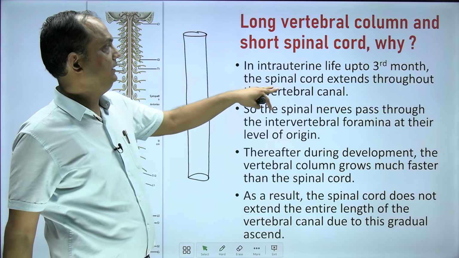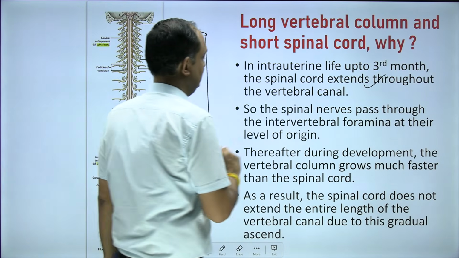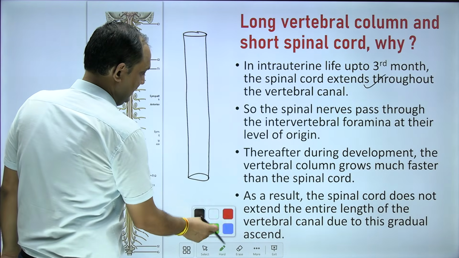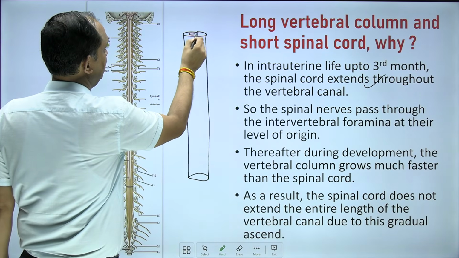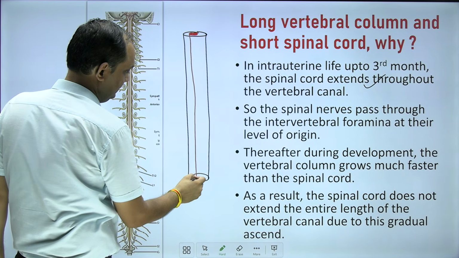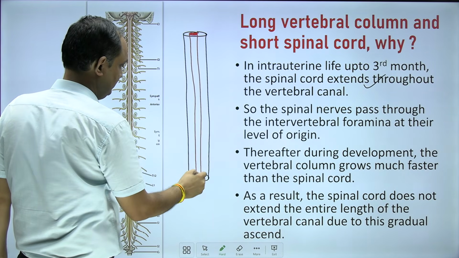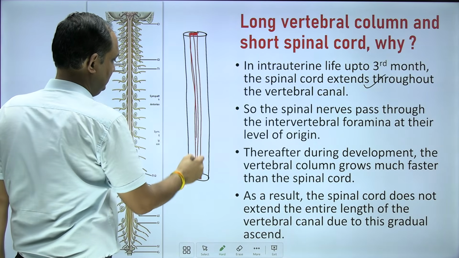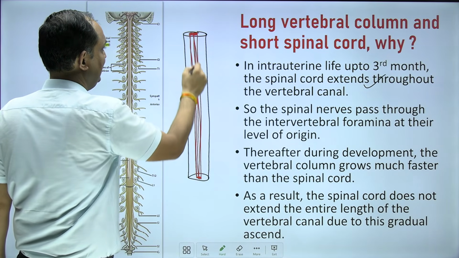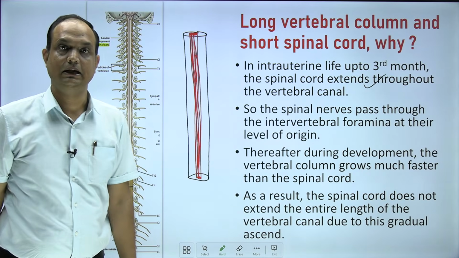Initially the spinal cord extends throughout the vertebral canal. That means you will have the upper end of the spinal cord here and the lower end of the spinal cord here when you are a 3-month embryo. So at 3 months, the length of the spinal cord is equal to the length of the bony canal.